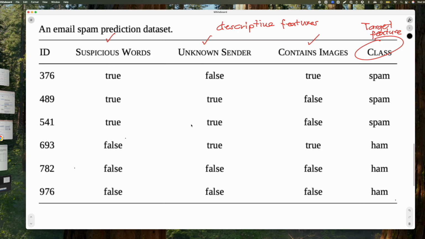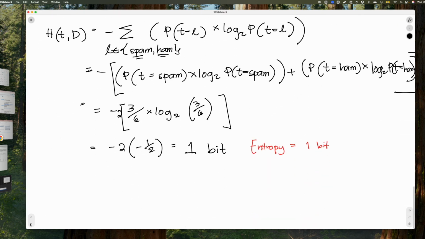After the words, we get the remainder of the sender or unknown sender, and contains images, we will need to take the remainder for that. So notice how these are all binary, categorical. This target feature is a categorical variable and binary, and these are also categorical and binary.